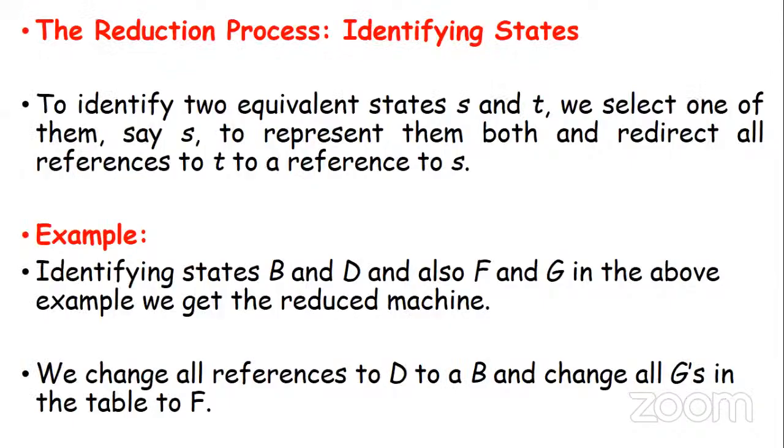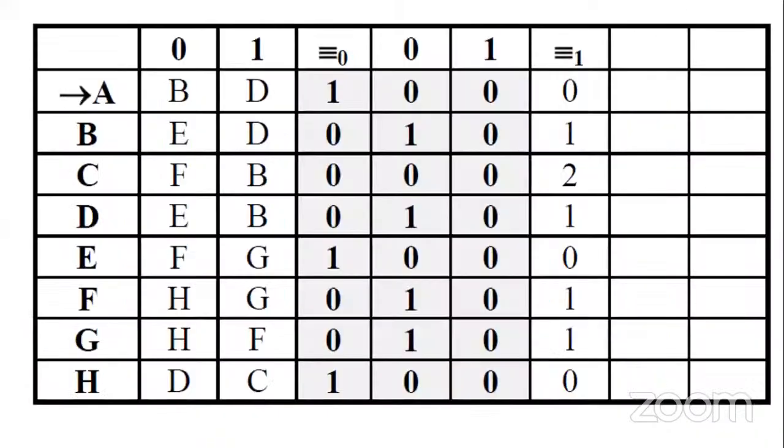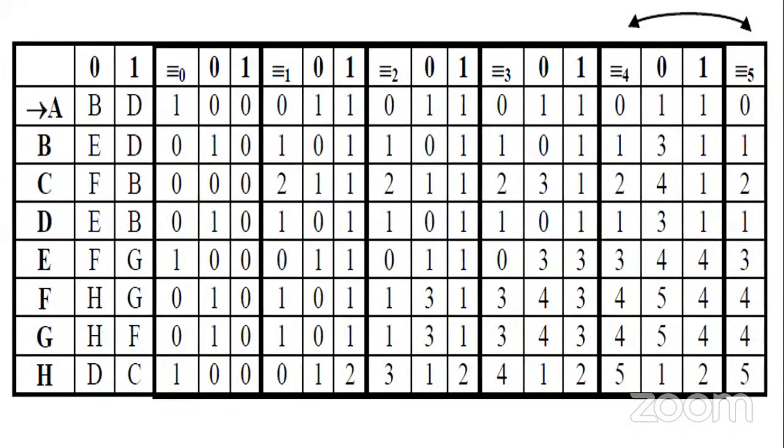So the reduction process, how do we go about the reduction process? You identify the states. Now, please pay close attention. Let me even ask, do you understand how we got up to this point, and what we did before we move on? Of course, we just repeated what we have done from 0 equivalence, first equivalence, second, third, like that. All you'll be doing is comparing.